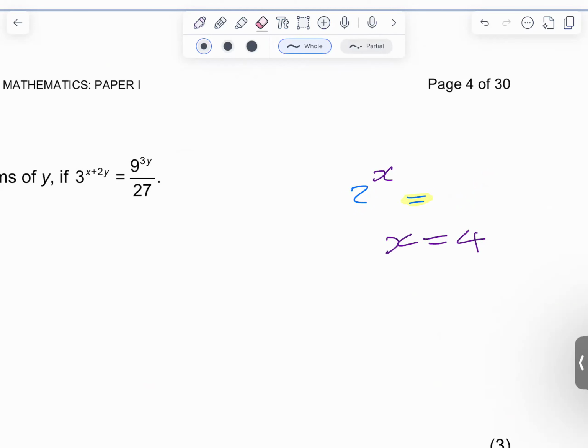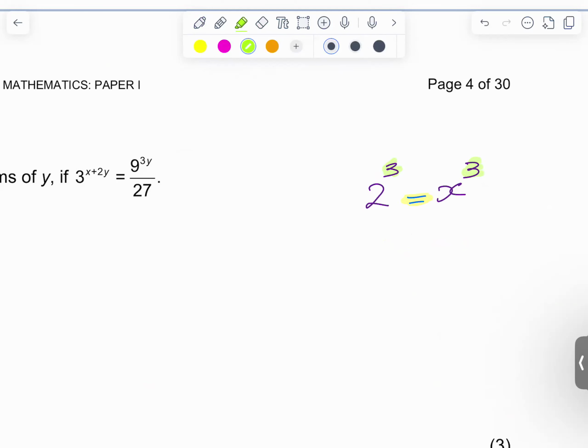What is the reverse? The reverse simply says that if I've got 2 to the exponent of 3 here, and I've got x to the exponent of 3, for as long as the exponents are the same, it makes sense that the bases must also be the same.